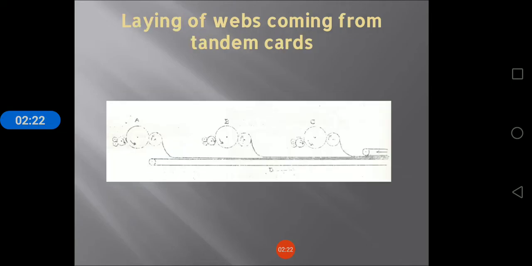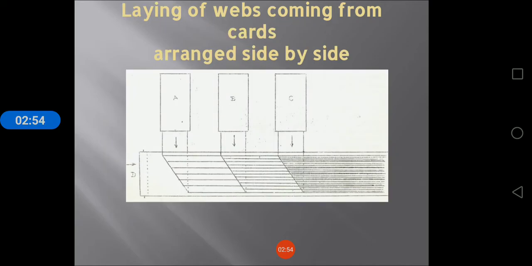Laying of web coming from tandem cards. Tandem carding is one of the most high quality systems for nonwoven fabrics. There are three tandem carding systems, called first, second, and third. The blending of the lap is very high and the thickness is also very high, and by the tandem card systems the opening and cleaning will be very high, the trash content is very low, and the formation of the web is very thick.